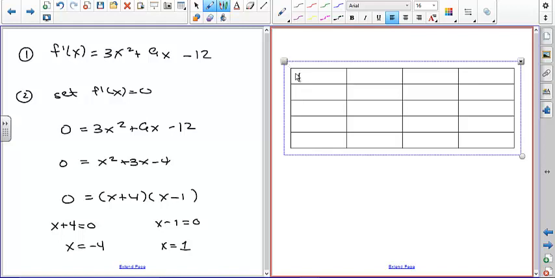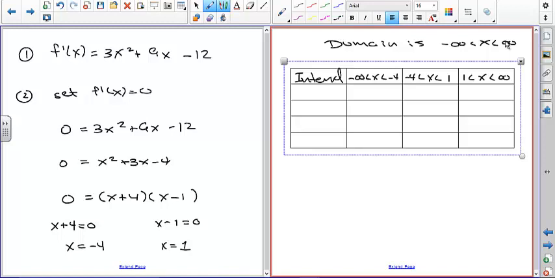I'm going to write an interval here. One interval is from negative infinity to negative 4. Another interval is from negative 4 to 1. And another interval is from 1 to infinity. So the domain of this function is x greater than negative infinity and less than positive infinity, unless you're told otherwise.